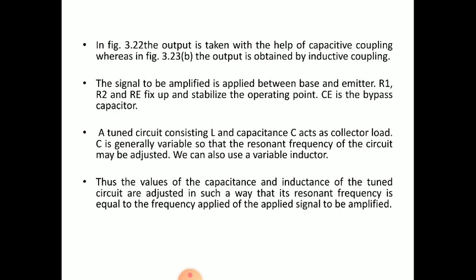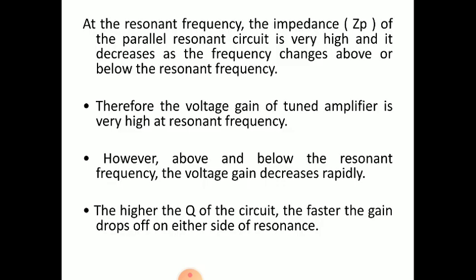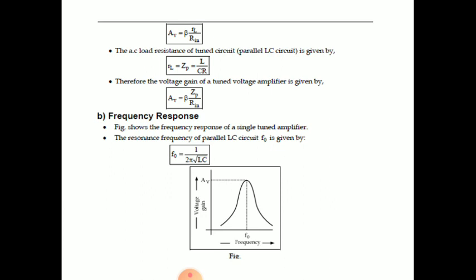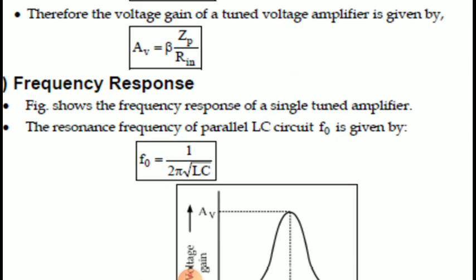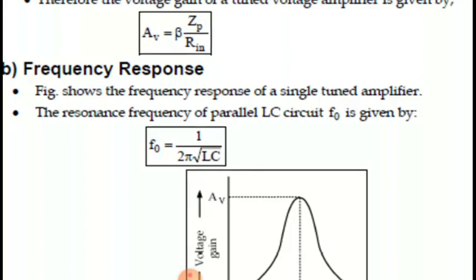C is generally variable, so that the resonant frequency of the circuit may be adjusted. We can also use a variable inductor, right? This is important because from the formula f naught is equal to 1 by 2 pi root LC, where L and C are the inductor value and capacitive value.